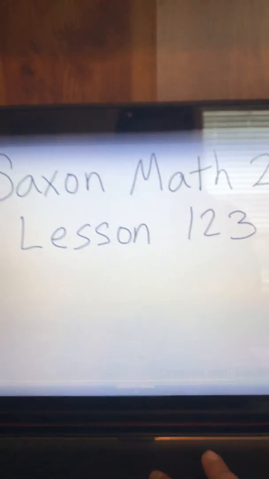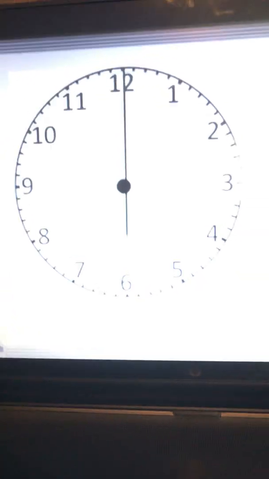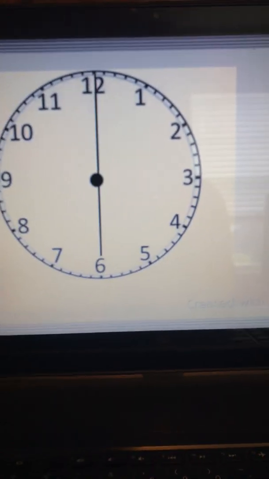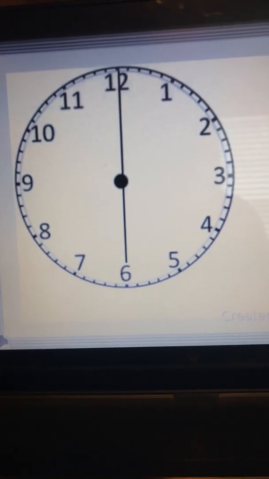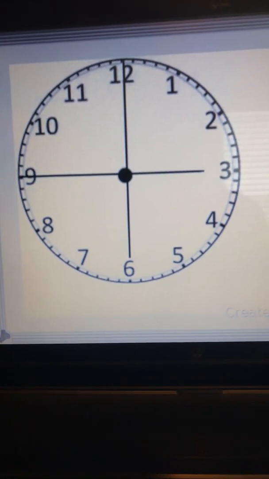Telling and showing time to the quarter hour. So first I'm going to draw a vertical line to divide my clock face in half. It would look like this. Now I'm going to divide my clock face into fourths. And I'm going to do that by dividing it in half again, but in the other direction.